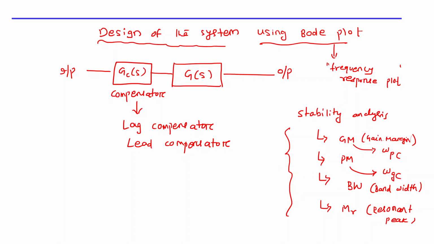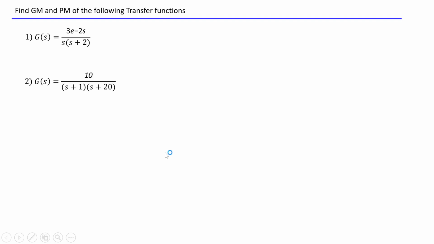I'll start with a brief introduction to the lead compensator and lag compensator. Then we'll go to how to find out the gain margin, phase margin, bandwidth, and all these system stability related parameters. Let us move to the next slide.